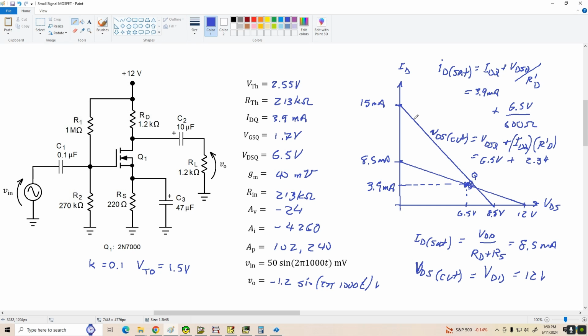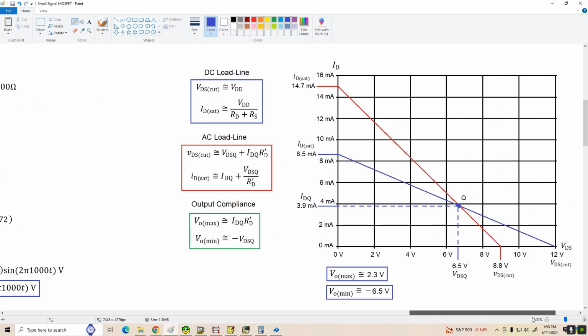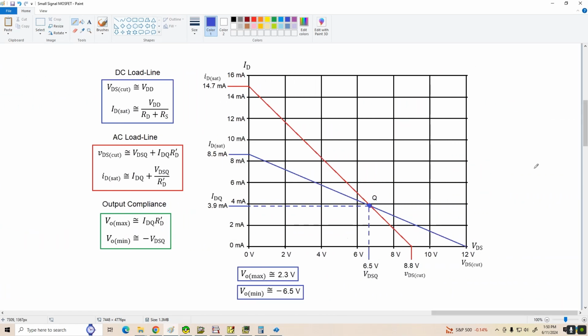But I'm not going to leave you with this terrible looking stuff, okay? I've actually gone ahead and done this. And let's just go on over and take a look at the large signal AC analysis. And here's what we get, okay? So here's a nice version of everything with all the equations summarized. So our VDSQ and IDQ, our DC load line limits, and our AC load line.